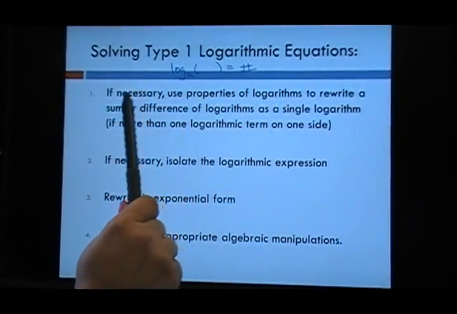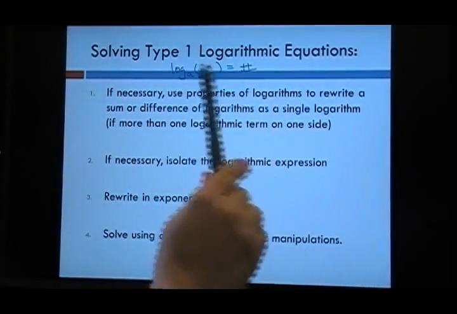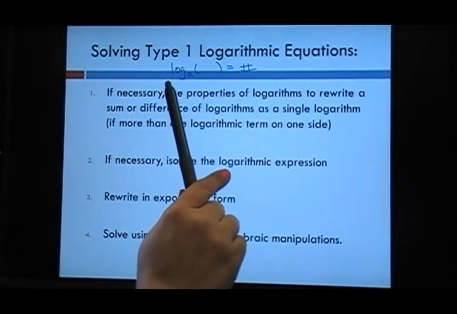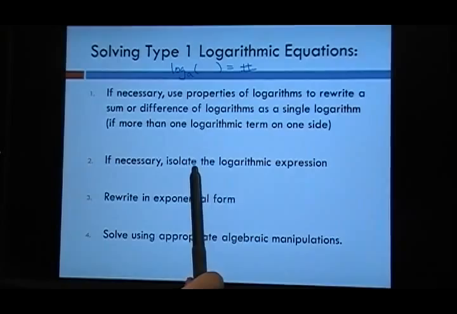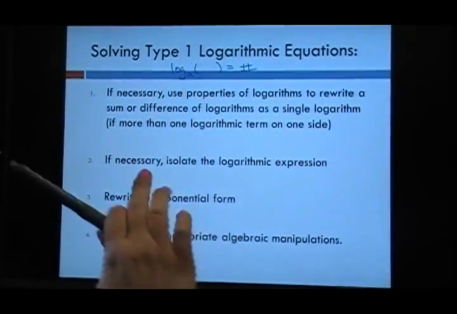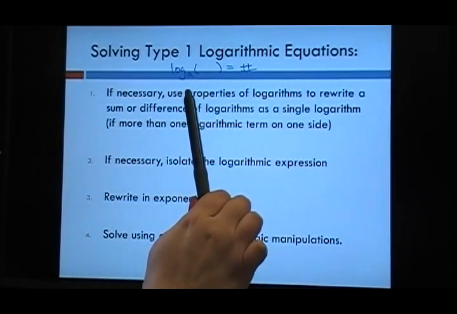So sometimes it's going to be necessary to use your properties of logs to get this left-hand side as a single logarithm. Okay? Sometimes it's also going to be necessary, if there are other terms or factors, to isolate those so that the logarithm is all by itself.